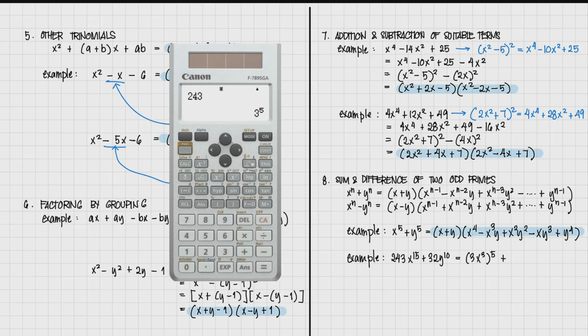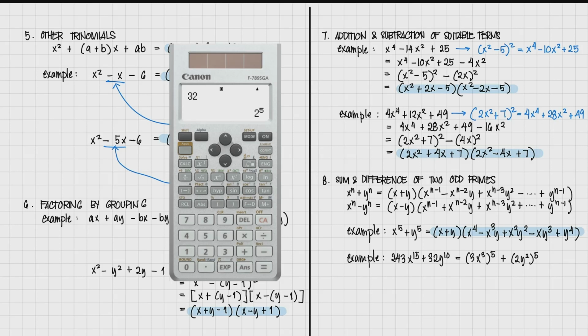Plus, prime factors ng 32. It's just, I think 2 raised to 5. Diba? 32 equals shift prime factorization yan. 2 raised to 5. So, okay. That's 2 times y raised to 2, raised to 5. Okay, yan.